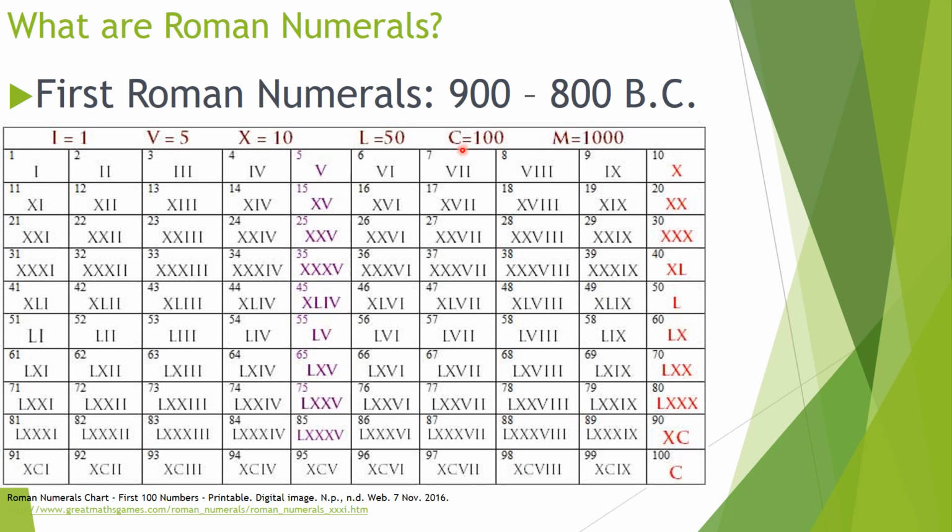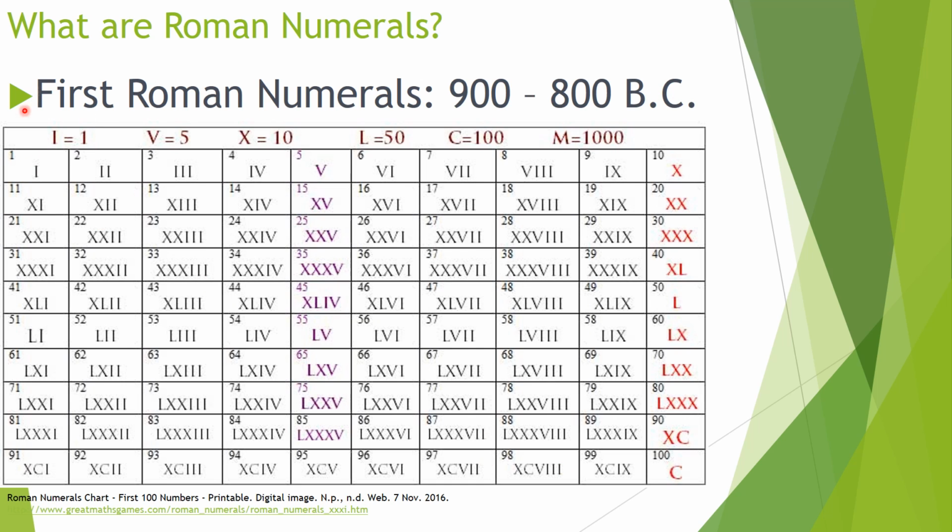On this slide, you can see a chart of Roman numerals, which are a combination of letters of I, V, X, L, C, and M. The first Roman numerals appeared between 900 and 800 BC.